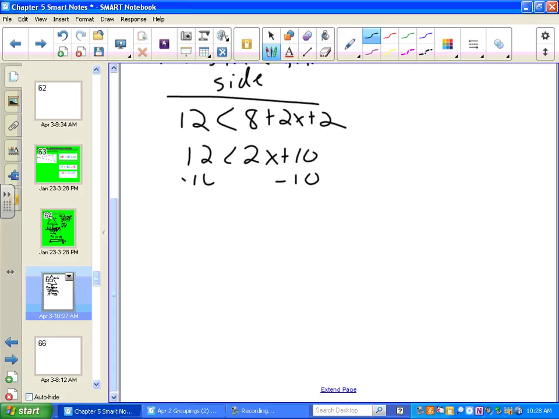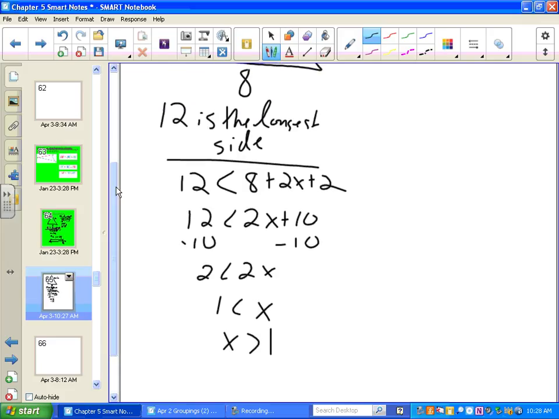Subtract 10 from each side. Divide by 2, so x is greater than 1. So that's one possibility, where 12 is the longest side. Tyler, what's the other possibility? 2x plus 2 is the longest. Very good.